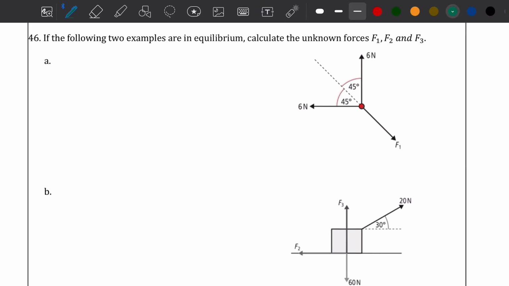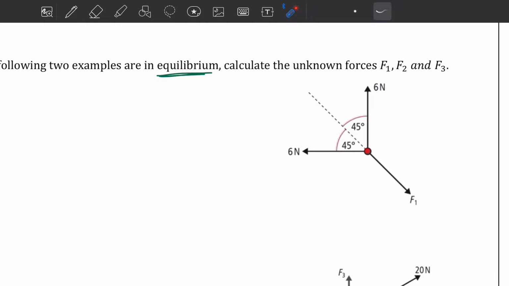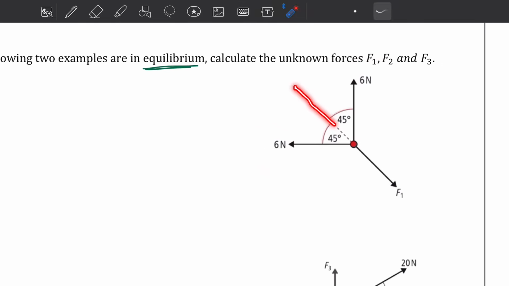Next, if the following two examples are in equilibrium, again they are using the word equilibrium, calculate the unknown forces F1, F2 and F3. So in the first diagram, the unknown force is F1. We have got two forces, 6 Newton acting, and they both make 45 degrees with this line. So we'll use components because this line makes the angle 45. So we'll have 6 cosine 45 from the top force.